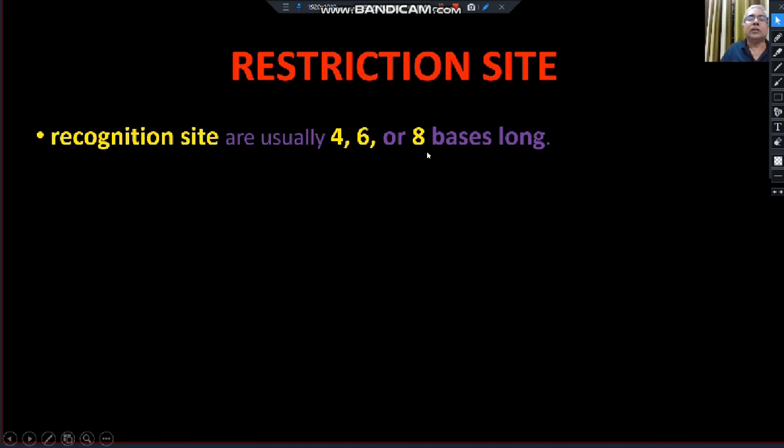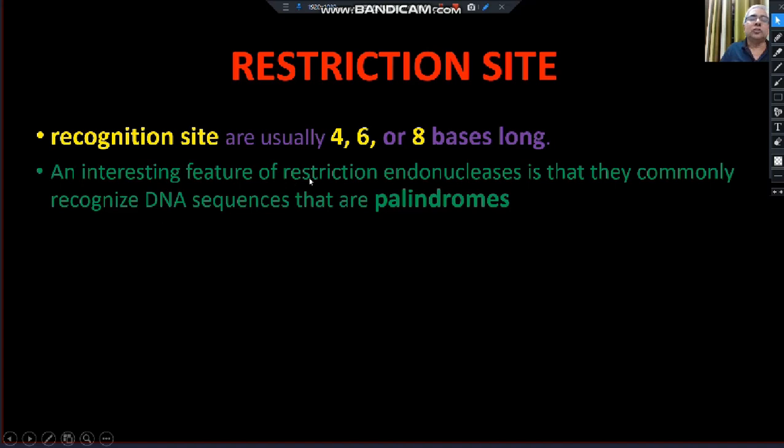Rarely, 8 nucleotides may also function as restriction site or as recognition site. An interesting feature of these restriction nucleases is that they recognize a DNA sequence that is palindromic. Means these sequences, either 4 or 6 or 8 bases, are palindromes.